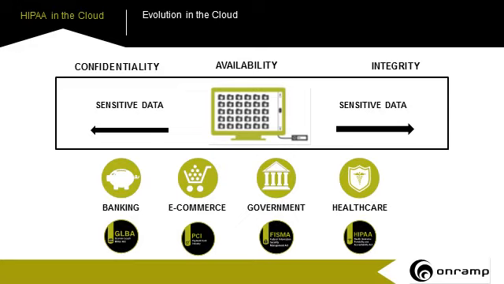The ability to keep things private, to make sure that only the appropriate people see data, and that the people who do have the right to see the data can see it, so the data needs to be available when it's needed, and it needs to be accurate. We need to have integrity. We need to know that it's not going to be corrupted by viruses or things like that.